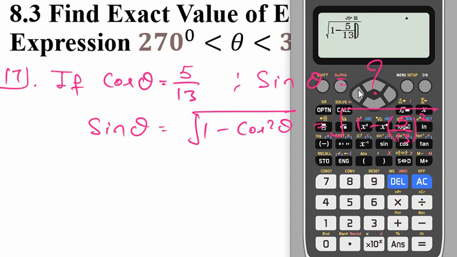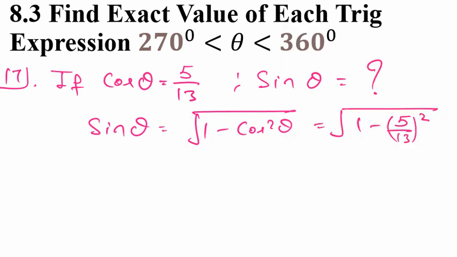Let me use brackets so there is no confusion, and this is power 2. Good, our answer is 12 over 13. So sine theta is 12 over 13.